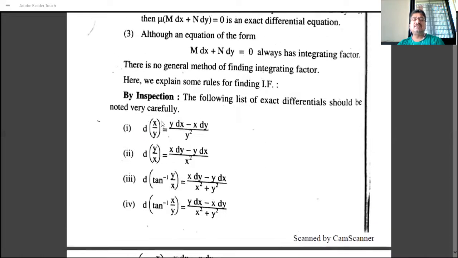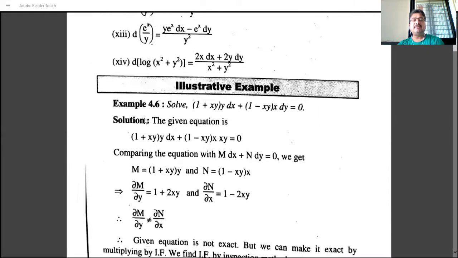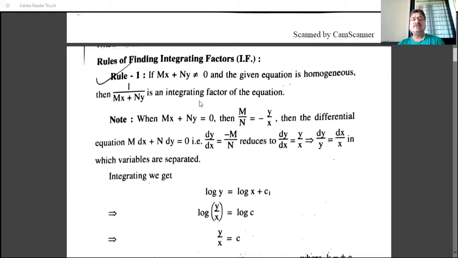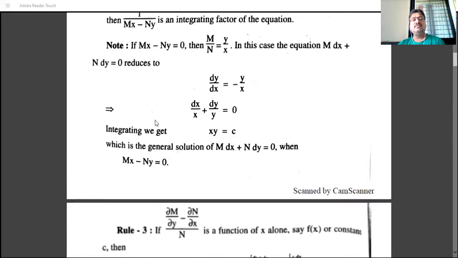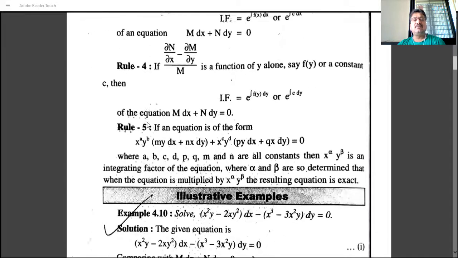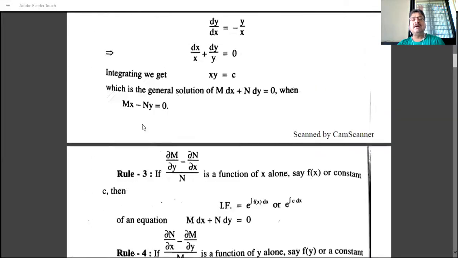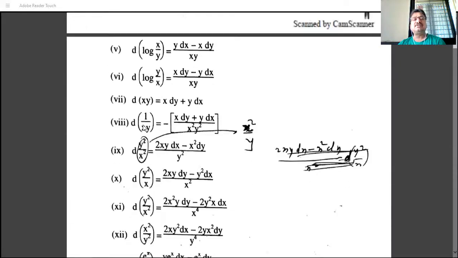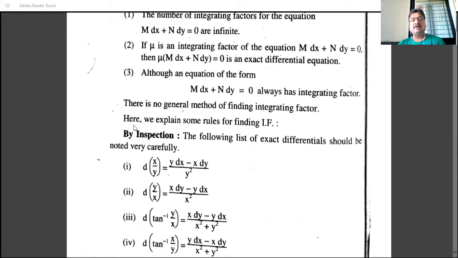So this is the first method, by introspection, and then there is an example of that type. And there are some rules of finding the integrating factor: rule number 1, 2, 3, 4, 5. These are the 5 rules to obtain the integrating factor, plus the one more method by introspection.